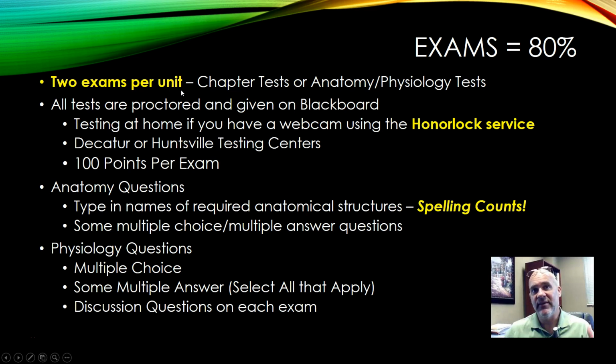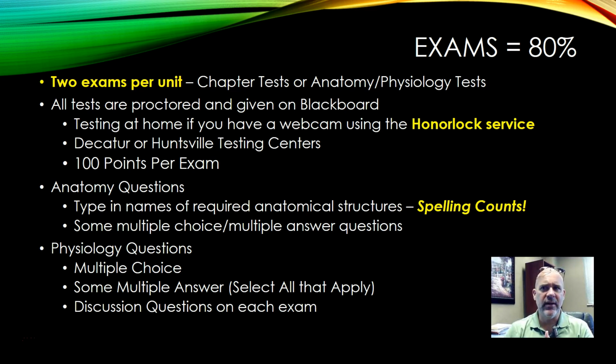Now, if you take A&P on campus, you have a lab test where you go into the lab and things are set up on tables and you write down the identities of what you're supposed to name. And in this course, I do have it set up that way for Unit 1 for the endocrine system. There is an anatomy exam and a physiology or lecture exam.